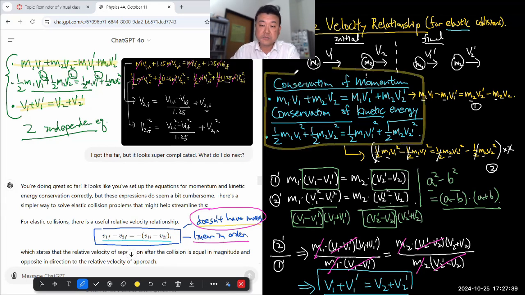So without explicitly using conservation of kinetic energy, using this in conjunction with the conservation of momentum already puts in the information that's coming from conservation of kinetic energy. And in doing this algebra, I never have to square anything. Everything remains linear. I feel a lot more confident working this system of two equations than having to deal with the squaring and whatnot. And if you are a skeptical person like me, you might look at it and think, that sounds too good to be true.